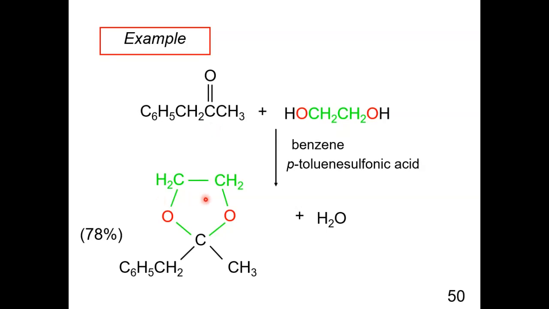And here, an additional measure was applied to shift the equilibrium to the right side. That's the purpose of adding benzene. So why do we add benzene here? Anyone recall? We talked about it in chapter 16.